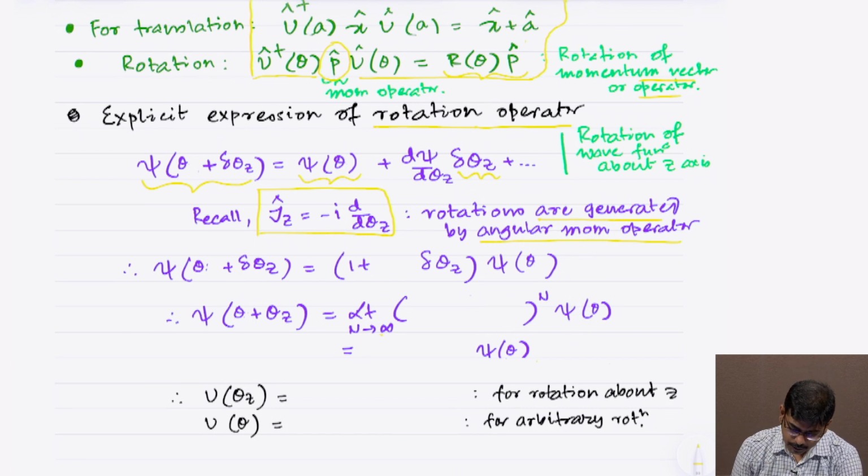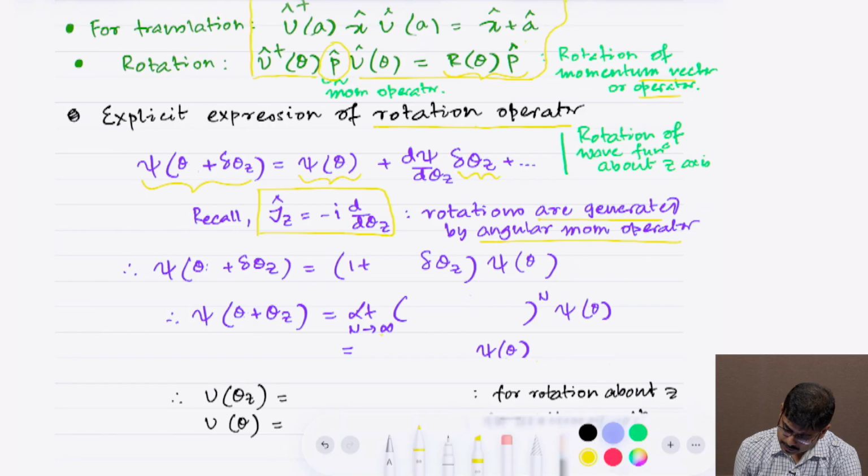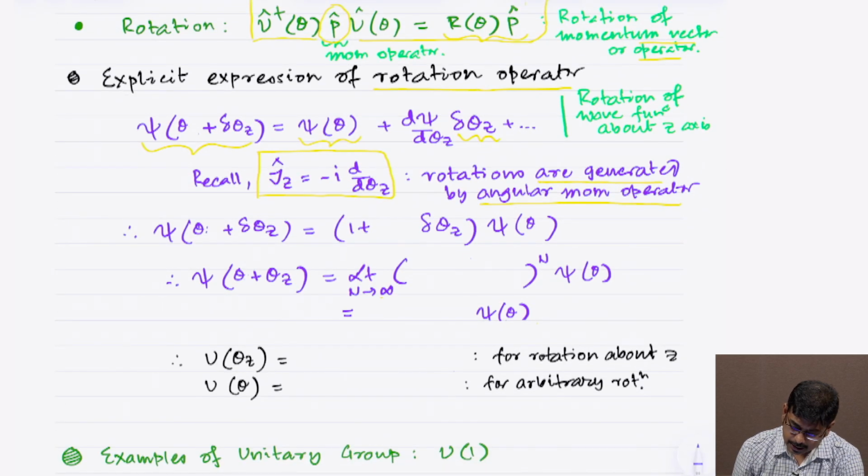So I can now get back to this expression of psi(theta plus delta theta z), and this is nothing but i J z delta theta z acting on psi(theta).